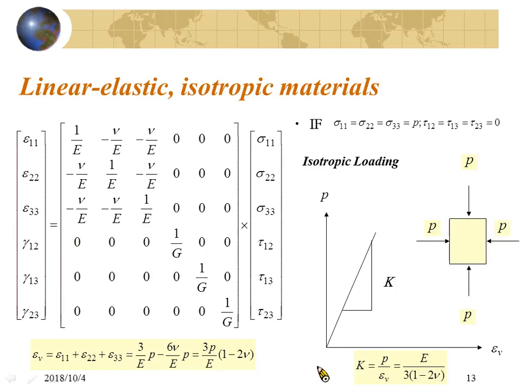If we apply a confining stress to a sample, to a rock or to a soil, and you plot the relation between the volumetric strain and the confining stress, for linear elastic material you will have a straight line again. And the slope we call the bulk modulus.